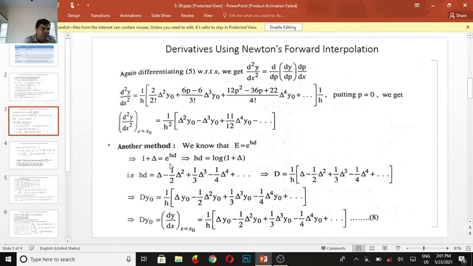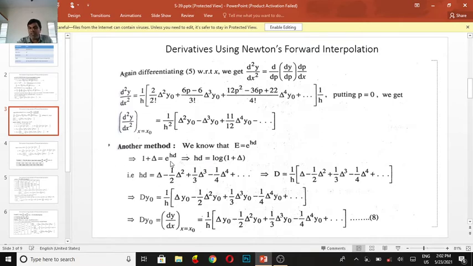Now I apply the log of 1 plus x formula: log(1 + x) is x − 1/2 x² + 1/3 x³ − 1/4 x⁴ + 1/5 x⁵ − 1/6 x⁶. So the even terms are negative and the odd terms are positive.